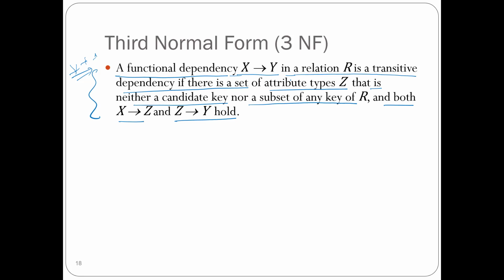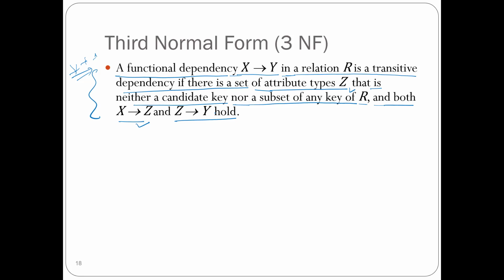A functional dependency X to Y in a relation R is a transitive dependency if there is a set of attributes Z that is neither a candidate key nor a subset of any key of R, and both X to Z and Z to Y hold.